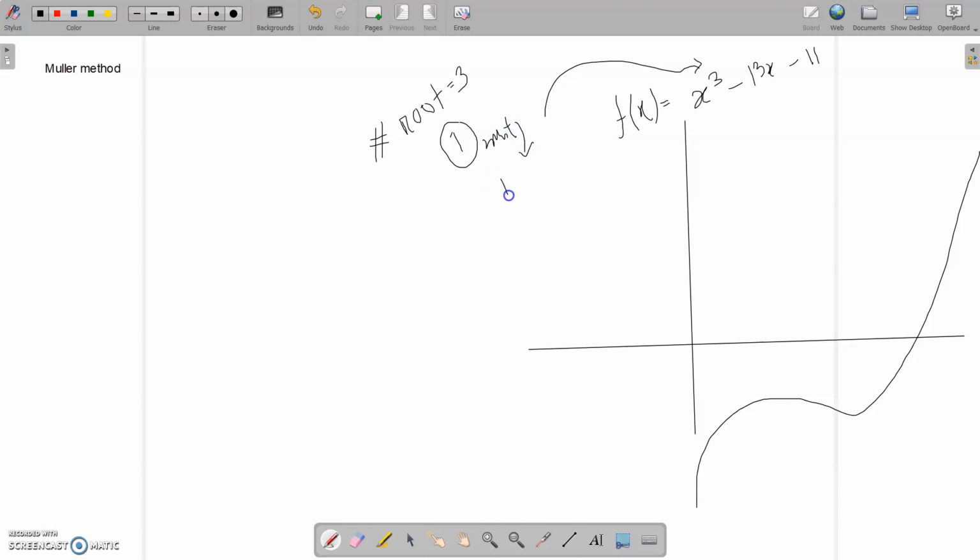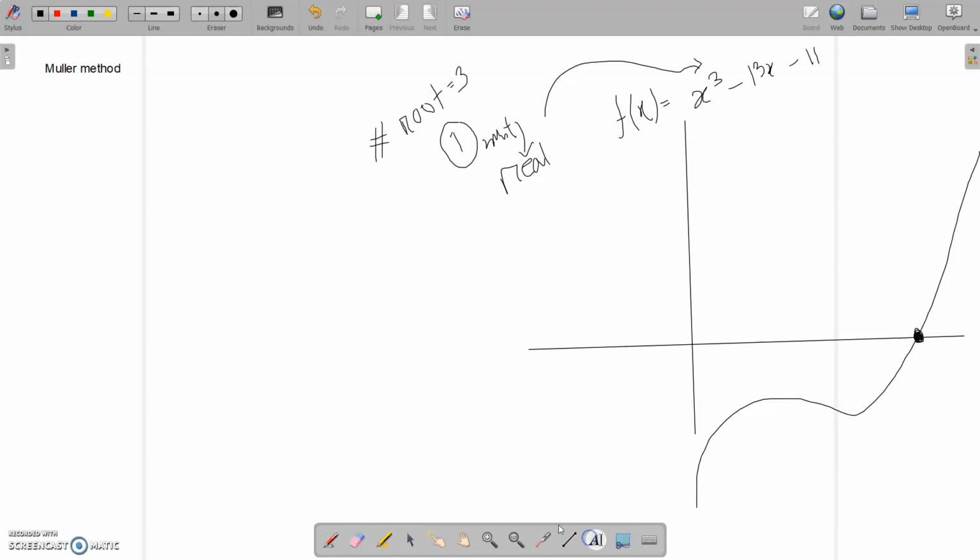The other two can be real roots or complex conjugate roots. We don't know, we have to figure it out. So let's assume that this is the real root of this polynomial. That is what we want to find using the Muller method.